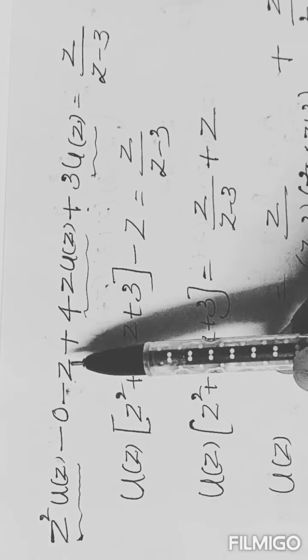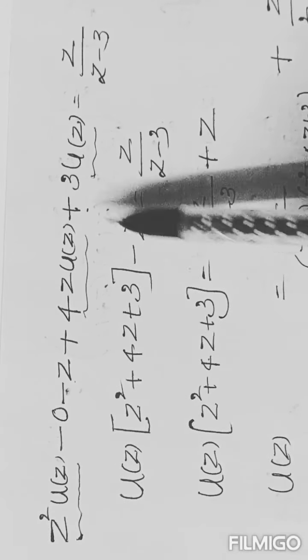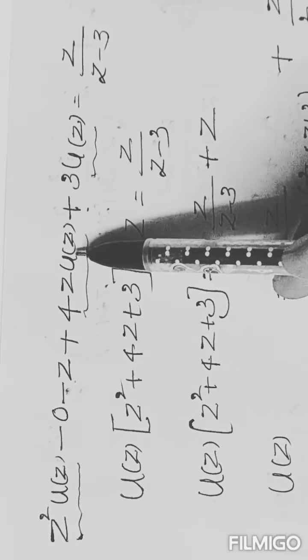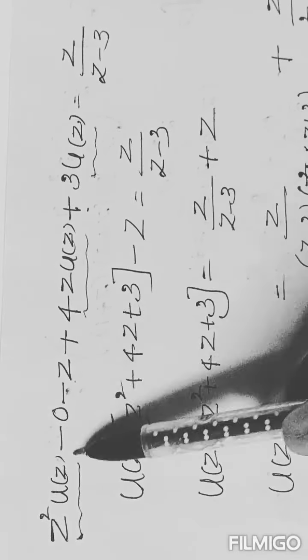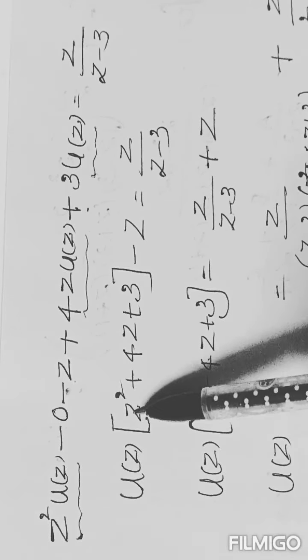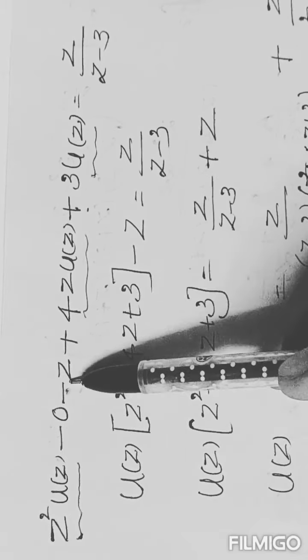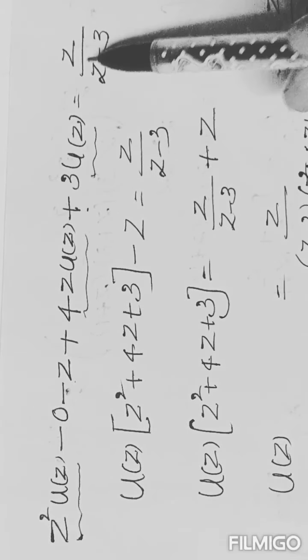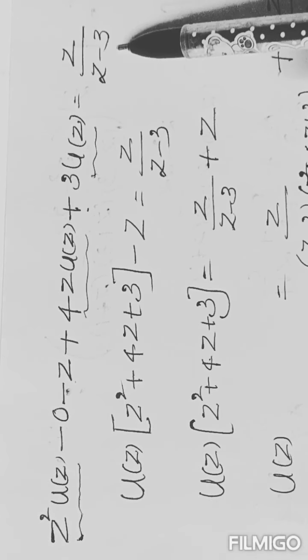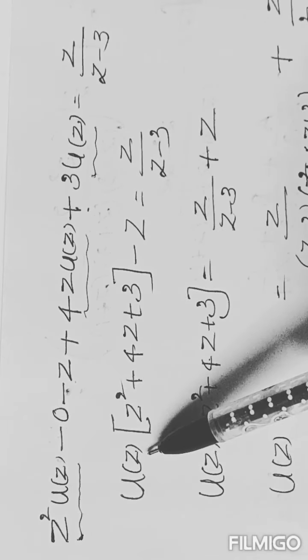By simplifying the above equation, this is the result. From these terms, there are three terms with U(z) as a multiple. From these three, take out U(z) as common. The multiple is z square plus 4z plus 3. The remaining value minus z equals z by z minus 3. According to the working procedure, we have to define U(z) by writing the coefficient of U(z) to the right.